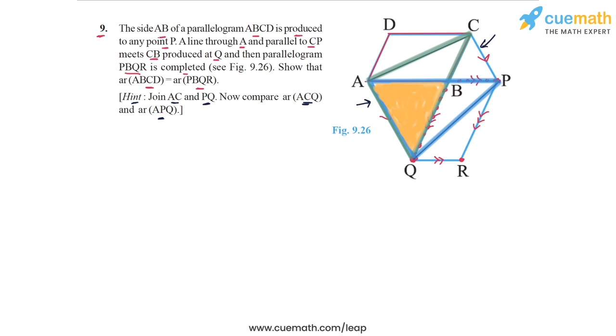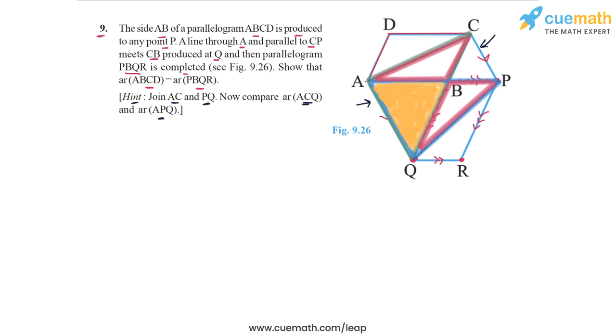If I take out the common area from both the triangles, then the remaining areas will also be equal. So this basically means that the area of these two triangles that I've now highlighted, ABC and PBQ, must also be equal, and hence the double of their areas would also be equal.